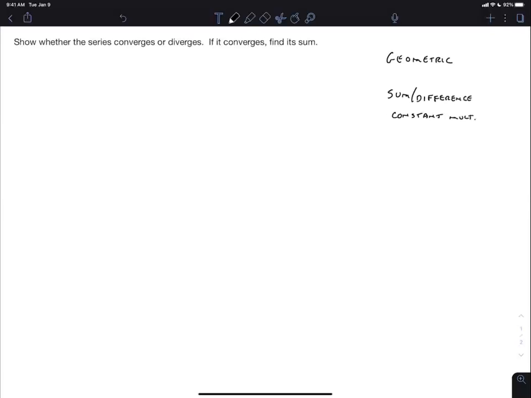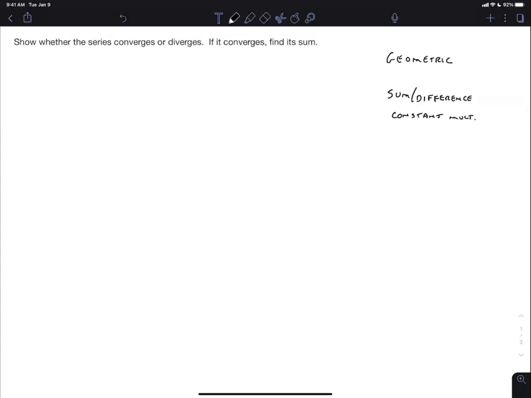So if you have a bunch of series that all converge, that are added or subtracted, you can split them up. If you have one that diverges and the rest converge, you can split them up and the whole thing diverges. If there are two that diverge, then you need more information before you know whether or not you can split them up.